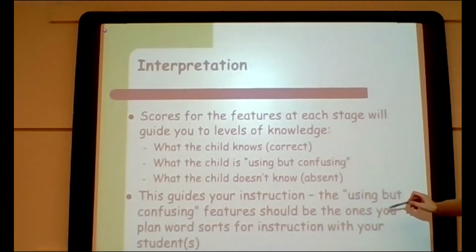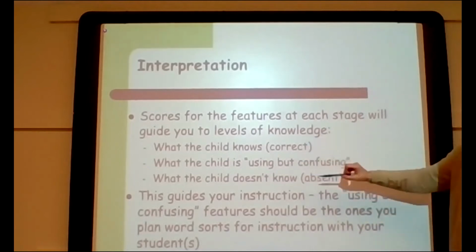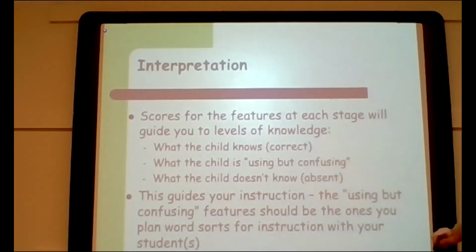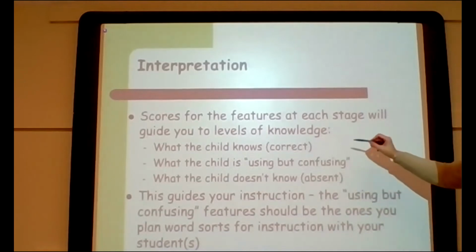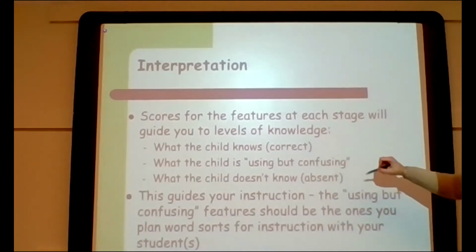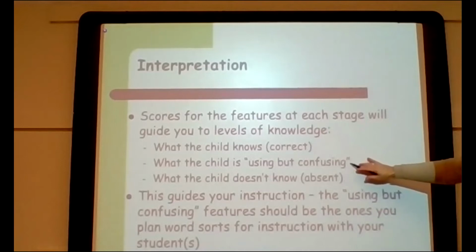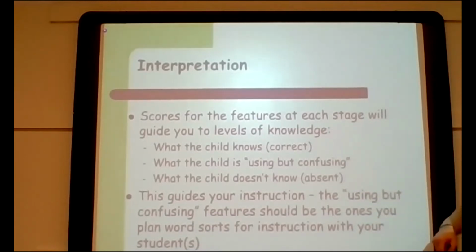And so our instruction is going to be what they're using but confusing, okay? We don't want to have them doing things that are too difficult for them, but we want to have them doing what they're using but confusing. You also have on Blackboard a spelling analysis chart, organized by what words are correct, what's using but confusing, and what's absent.